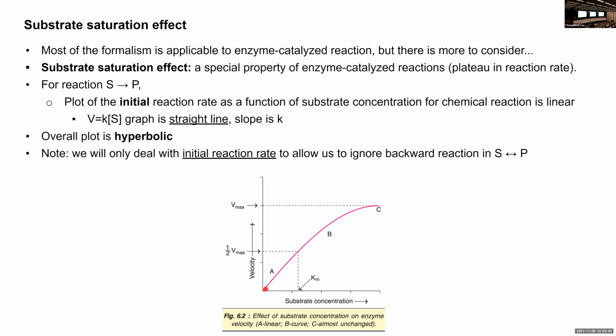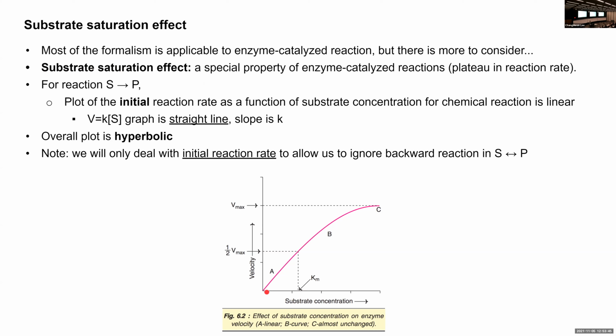So let's look at this curve, which shows the relationship between the substrate concentration and the velocity, the reaction rate. Of course, as you put in more and more substrate, you get higher and higher speed for the reaction, but it tapers off a little bit and makes this saturation point. This is due to the number of enzymes that are available, or the active sites that can hold the substrate at a given time, the turnover rate and things like that. So it makes this kind of plateau, which is called the substrate saturation effect.